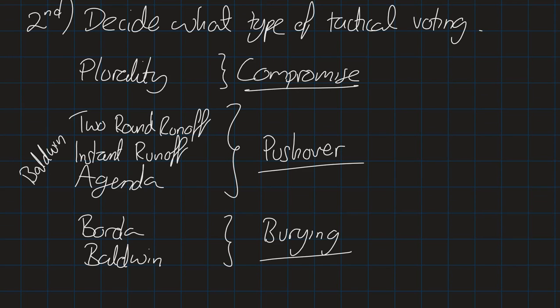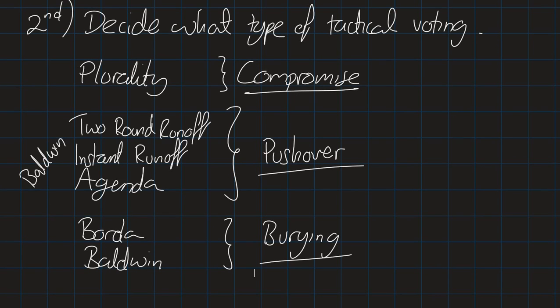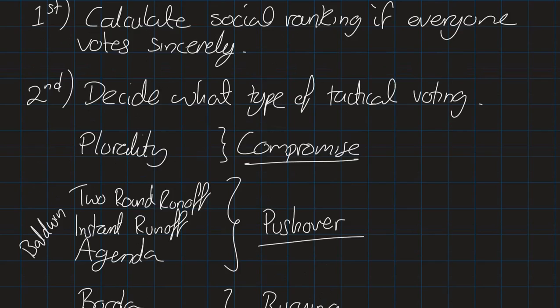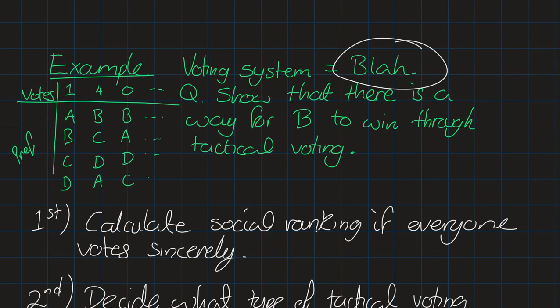Now that you've chosen your type of tactical voting, it's time to actually tactically vote. This means that you need to change some voters' votes. There are a couple of ways of conveying this. One way is by changing the numbers: cross this out, write a 0, cross this out, write a 1.